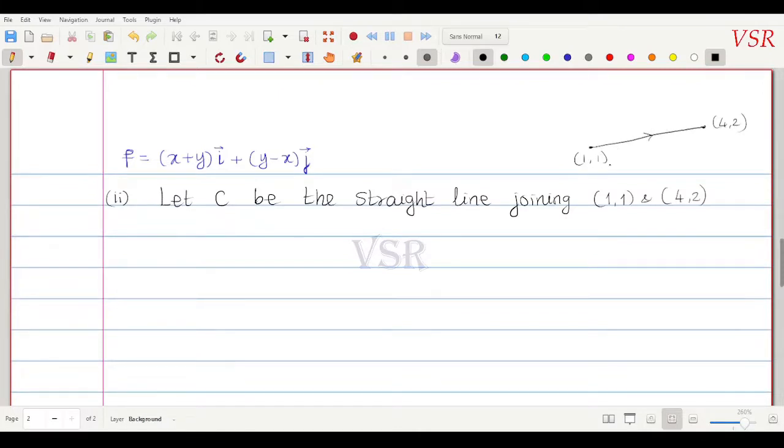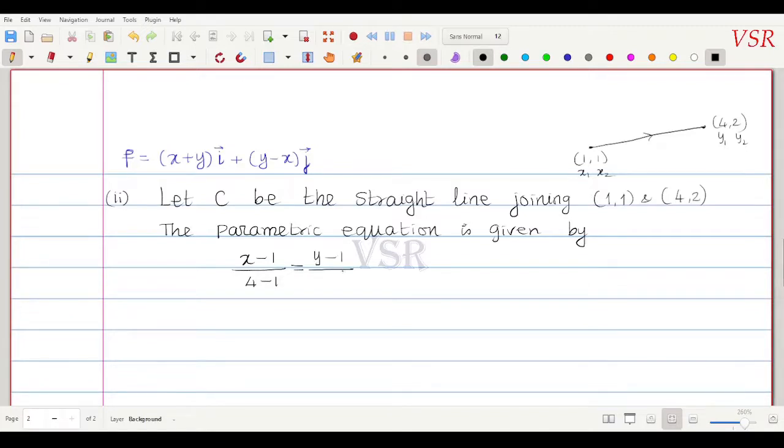What is the equation of this straight line? The parametric equation is given by, how do you write it? x minus x1 divided by x2 minus x1 equals y minus y1 divided by y2 minus y1. Let me write it directly: x minus 1 divided by 4 minus 1 equals y minus 1 divided by 2 minus 1.